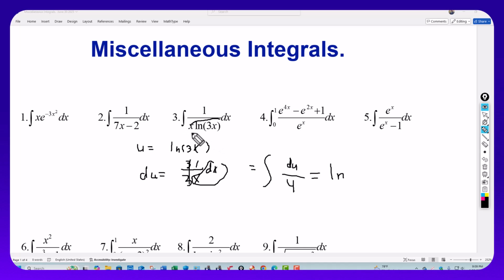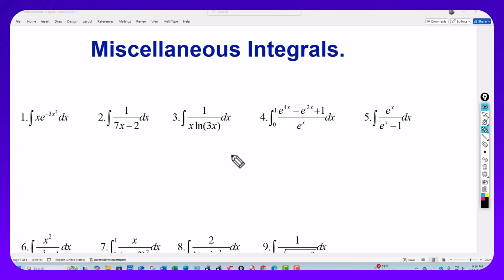But remember here u is ln of 3x, so I'm just going to put the absolute value of ln of 3x plus the constant of integration. So the final answer for this one is ln of the absolute value of ln of 3x plus the constant of integration.